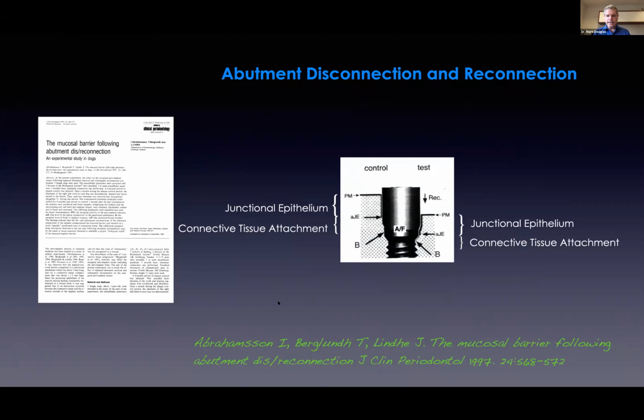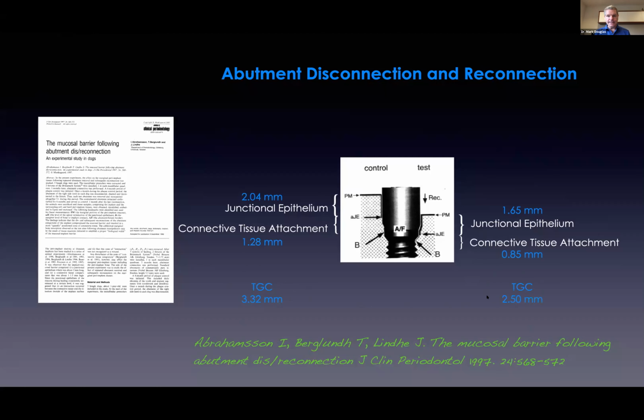When we looked at the data, they found their junctional epithelium was 2.04 millimeters, and on the test subjects, it was down to 1.65 millimeters. The connective tissue attachment down here was 1.28, and on the other side, you get 0.85. So on the control, you get about 3. Now that's your 3 millimeters of total gingival complex, which is what we've come to expect. And over here, it was reduced to 2.5.